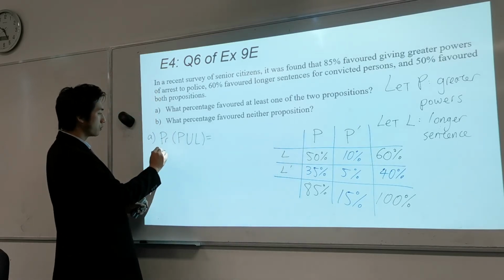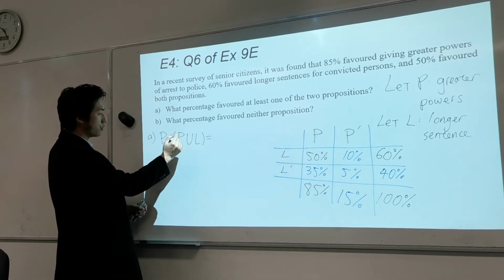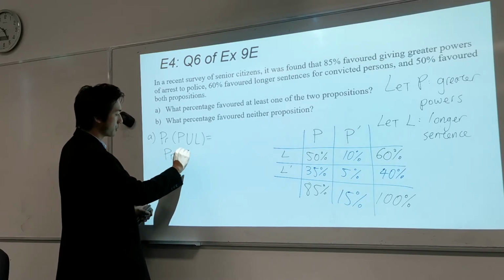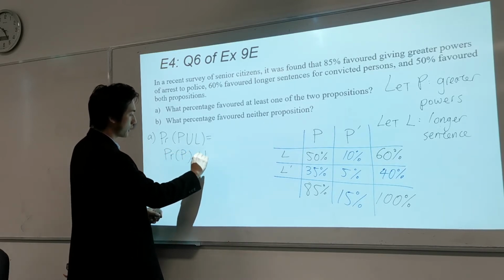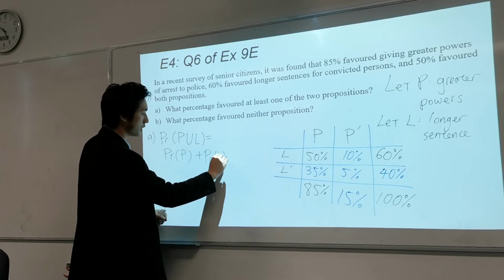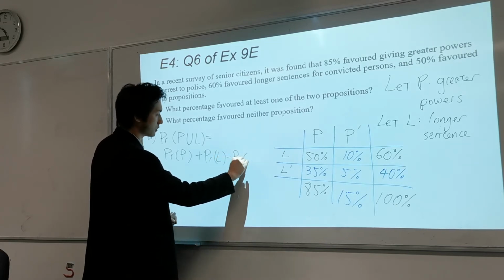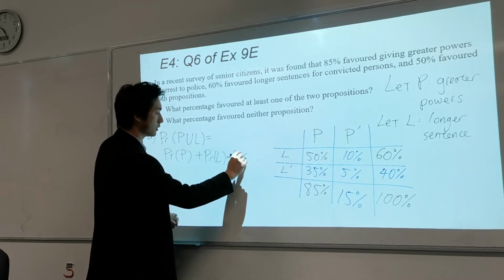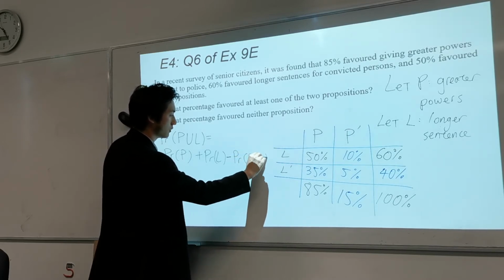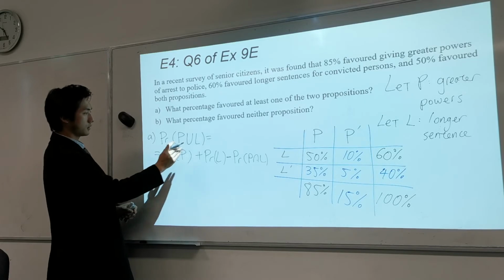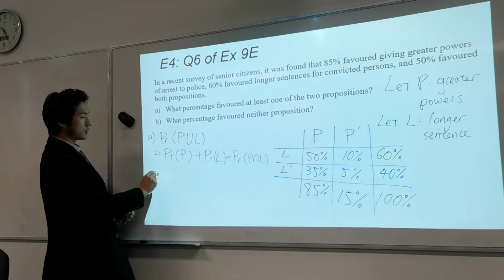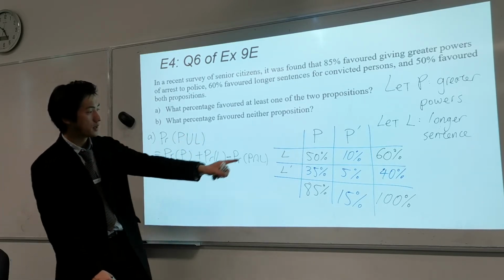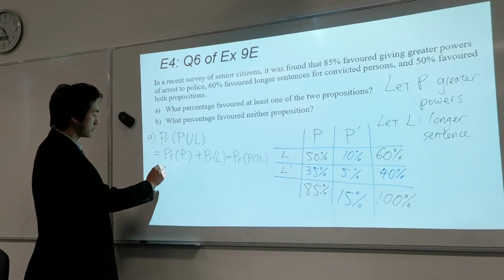The addition rule would be the union being equal to the sum of P and L, and we subtract the intersection. That would be P intersect L. Now we can fill in some numbers. P is 85%.